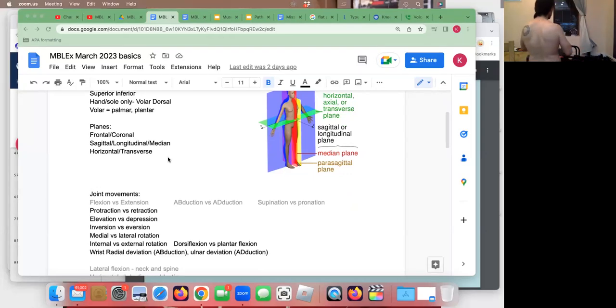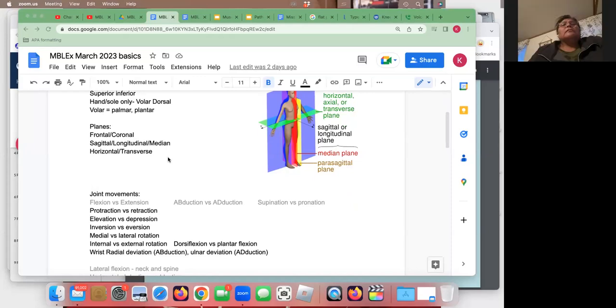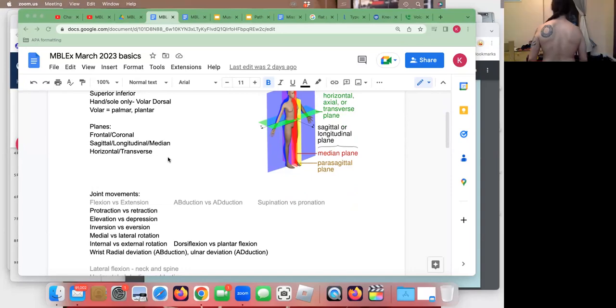Okay, so the shoulder blade movement with elevation and then depression. Everybody see my shoulder blades? Elevation and depression. Please hit your mute buttons. And then retraction, and then protraction.